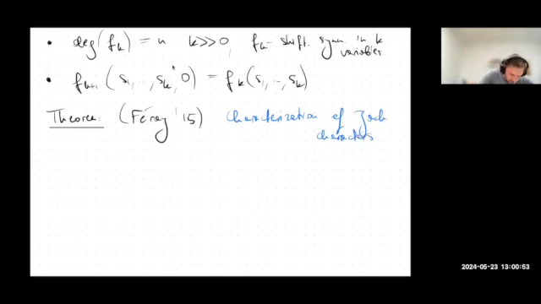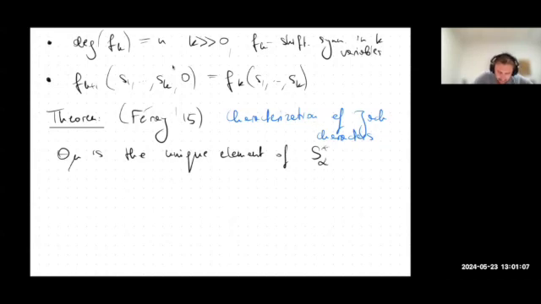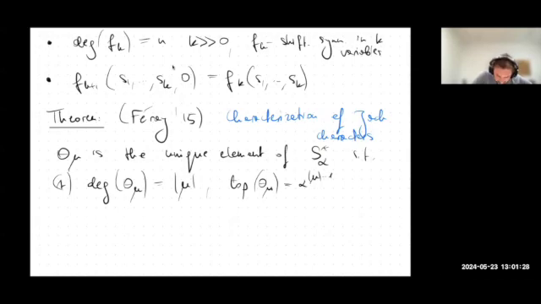So a Jack character is the unique element of the algebra of shifted symmetric functions such that the first condition is that the degree of theta is equal to mu, and the top degree part, the homogeneous top degree part, is given by alpha to some power times a power sum.